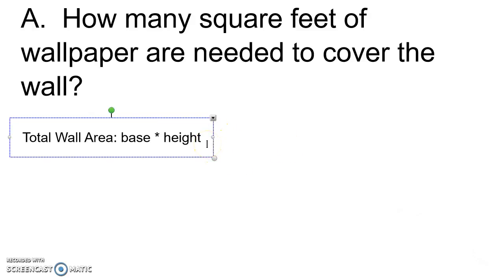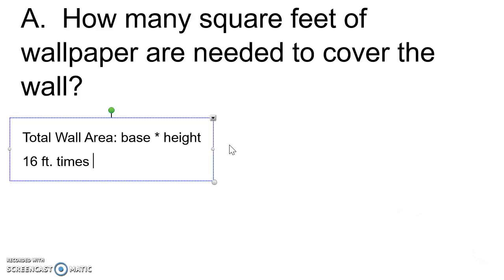So we know that our base is 16 feet for the entire wall. So I'm doing 16 feet times 8 feet. When I do that on my calculator, I'll give you guys some time to find it as well. What do you get? Miss P, could you call on somebody? Okay, awesome. So you get 128 feet squared.